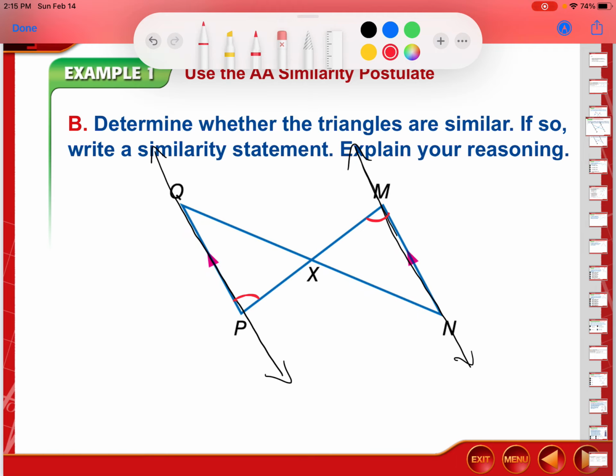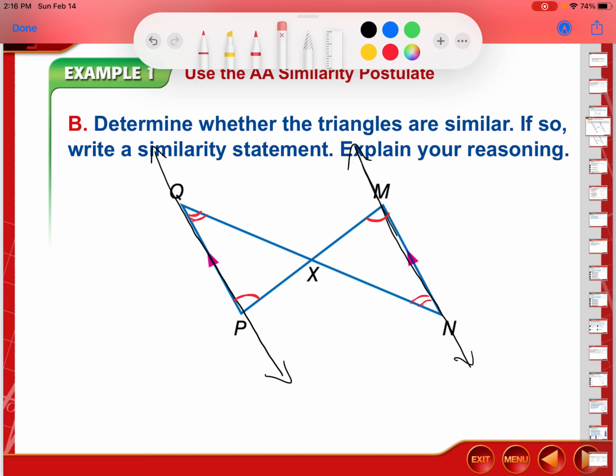Now, continuing on, I'm going to use QN as a transversal also. And I'm going to see that angle Q and angle N are alternate interior angles as well, meaning that they must be congruent. So, since we have two pairs of congruent angles across these triangles, then we know that they must be similar.